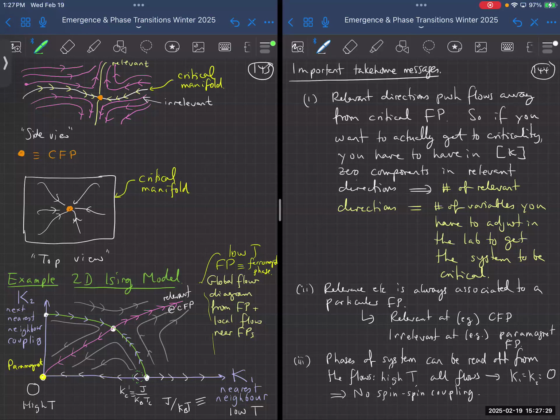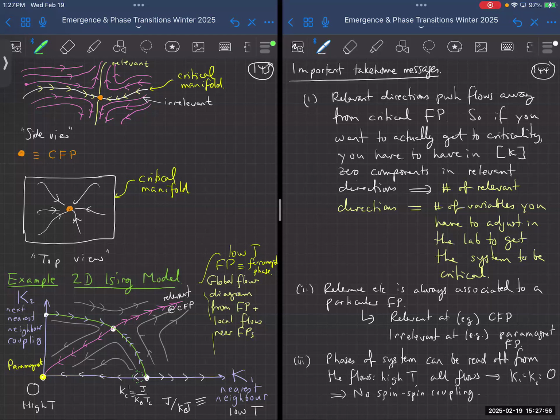All of those systems to the left of that fixed point are in the basin of attraction of the paramagnetic fixed point, just like we saw last lecture when we looked at the dynamical system. So even if you're 1 millikelvin below the critical temperature, you will behave as if you're being dominated by the fixed point at high temperature, the paramagnetic fixed point, and you will flow there.